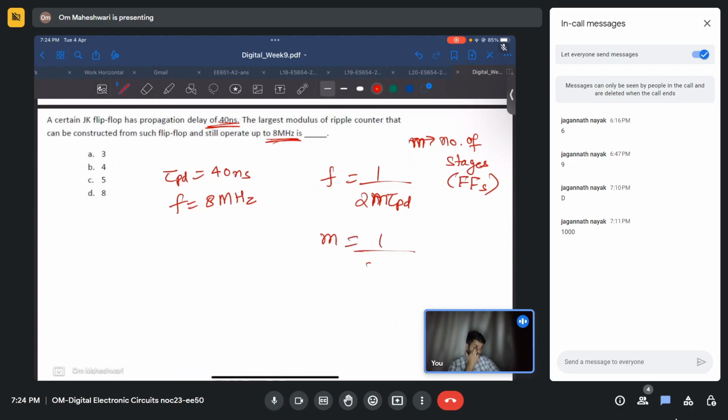N equals 1 upon 2 F tau PD, 1 upon 2 into 8 megahertz, 8 into 10 to the power 6, 40 nanosecond, 40 into 10 to the power minus 9.